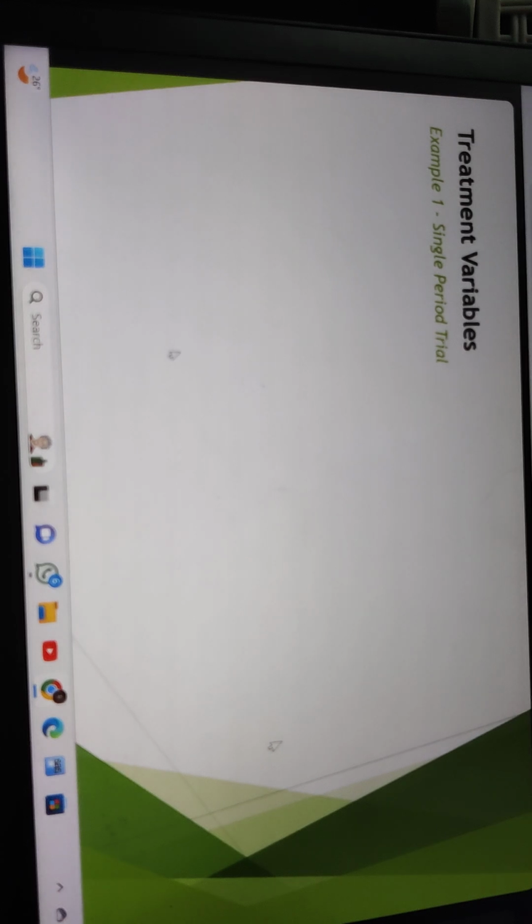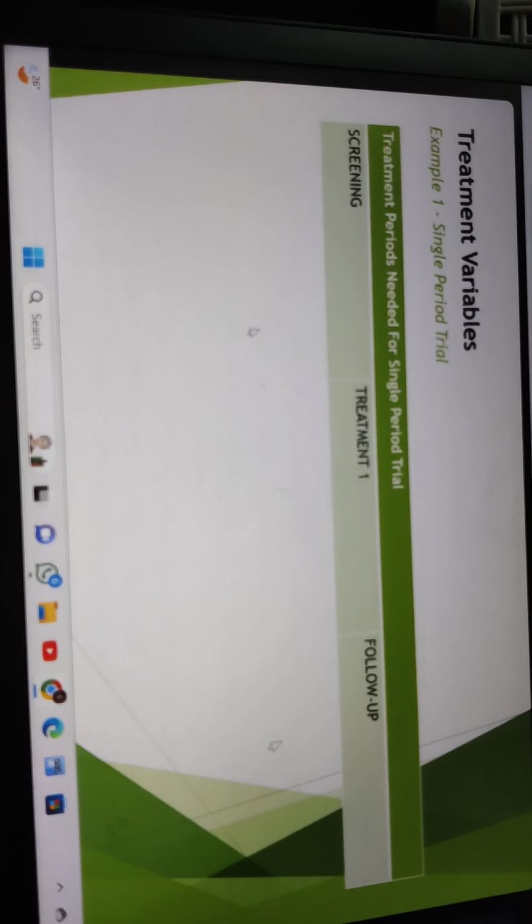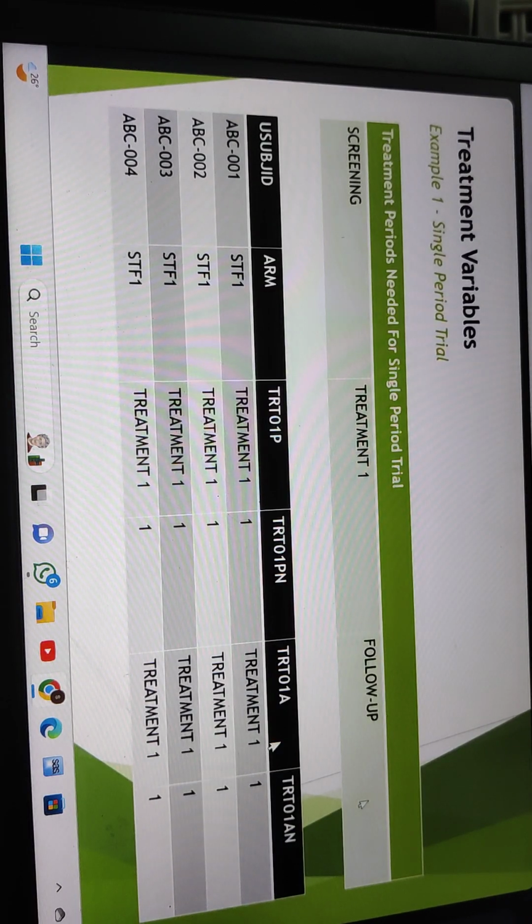Some examples we can see. For example, the treatment period is needed for single period trials. Say you have a single period trial, for example screening, treatment 1, follow-up. It's a single period. In that case, you can see the subject ID and the arm, which is STF1.